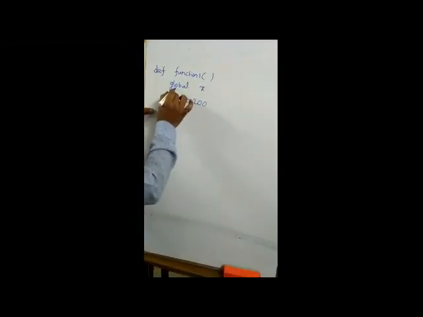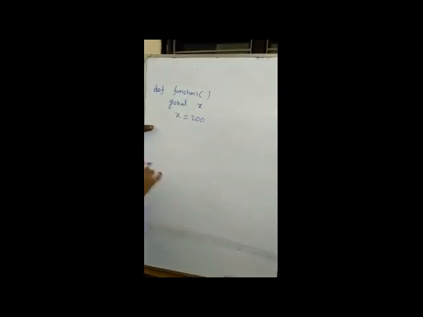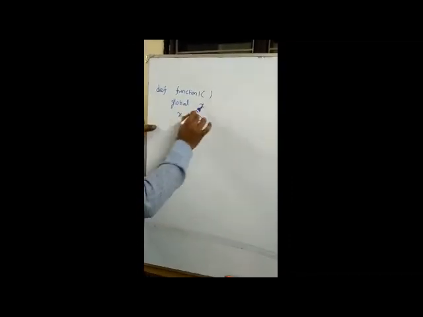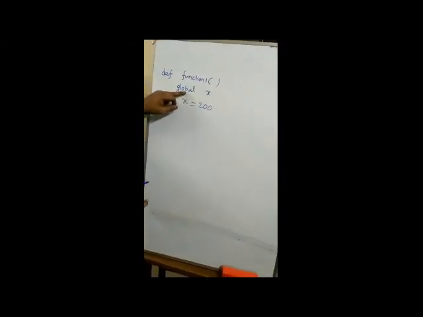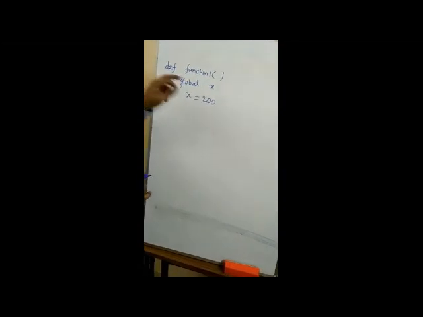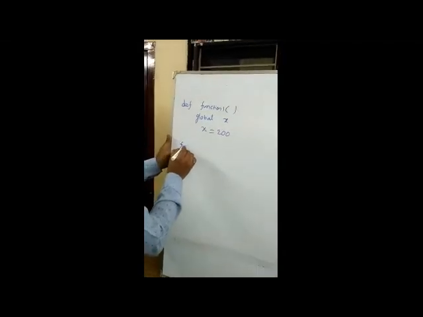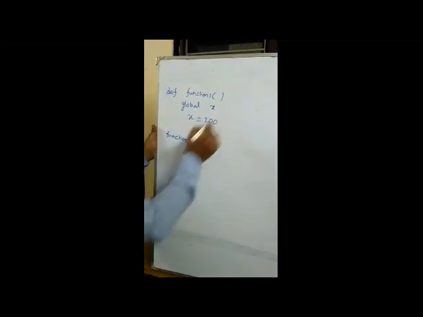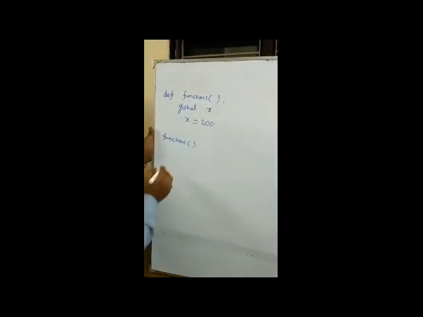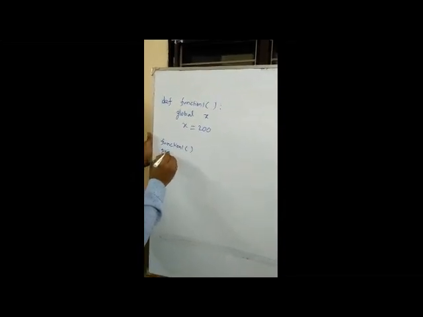Global x means x, which would actually be a local variable, but when I write the global keyword with variable x, it acts as a global variable. x is not a local access. Next I am writing the function 1 call statement in the main body, and then print x.